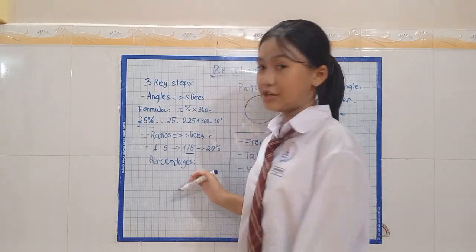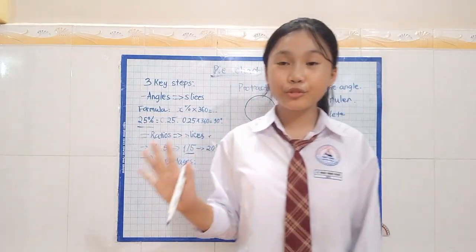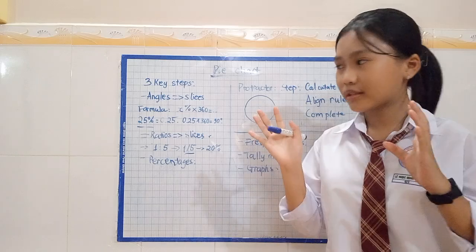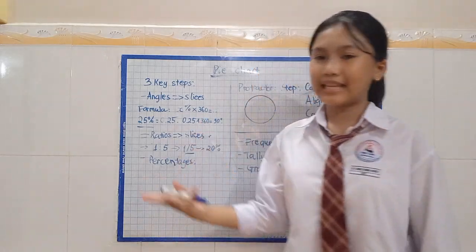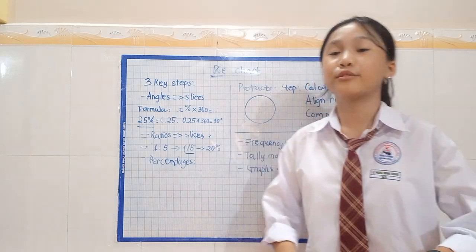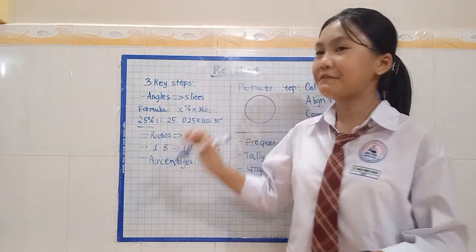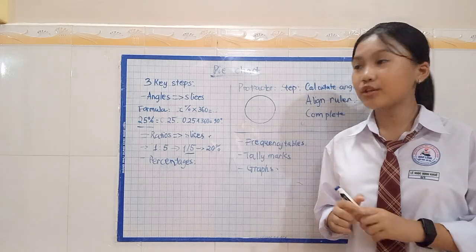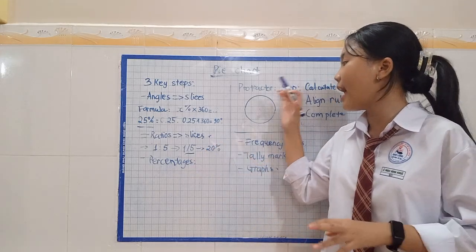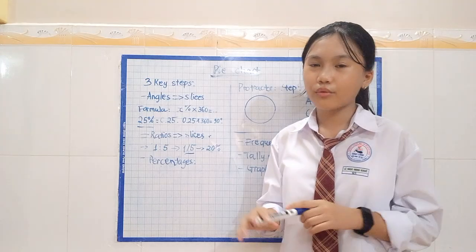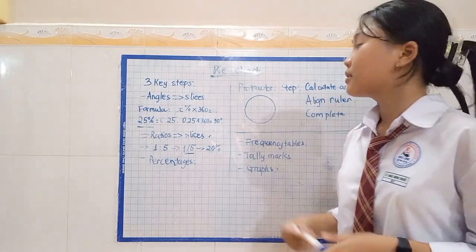Next, on to percentage. Percentage is the most crucial thing in a pie chart that you always need to consider first. Let's say you just have the raw data. You can't simply put all of it into your pie chart; you need to convert it into percentages so that you can use it in different situations, like ratios or calculating your angles.